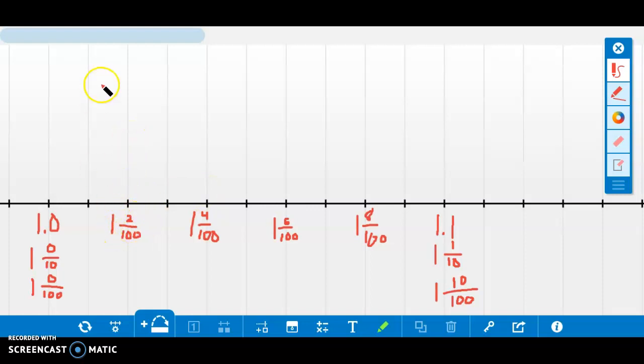And for decimals, right, I'm no longer in the tenths place, right? I do not have any tenths. I do not have enough to be in the tenths place. I have 2/100ths, or here I have 4/100ths.